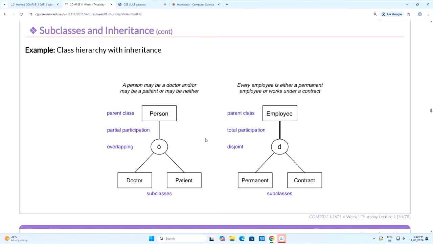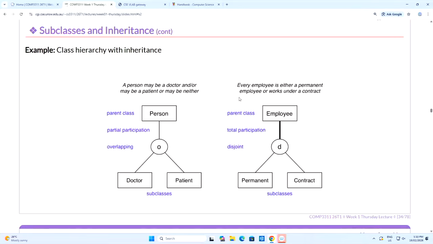The reason we have partial participation is that doctors and patients are not the only people in the world. We have plumbers, lecturers, electrical engineers, stuff like that. So we only put a thin line there, indicating that these two subclasses are not the only examples of the parent class.